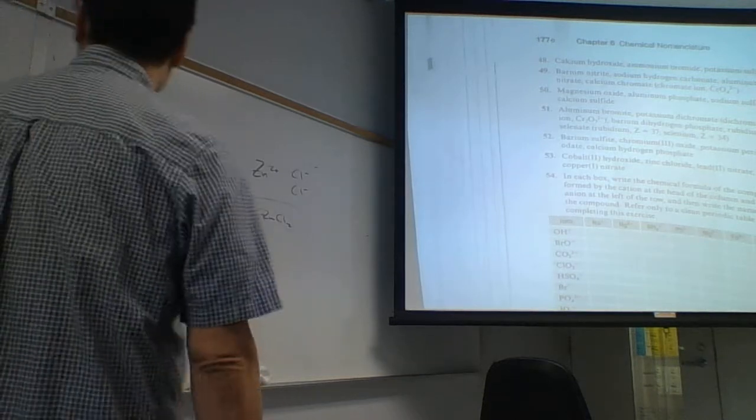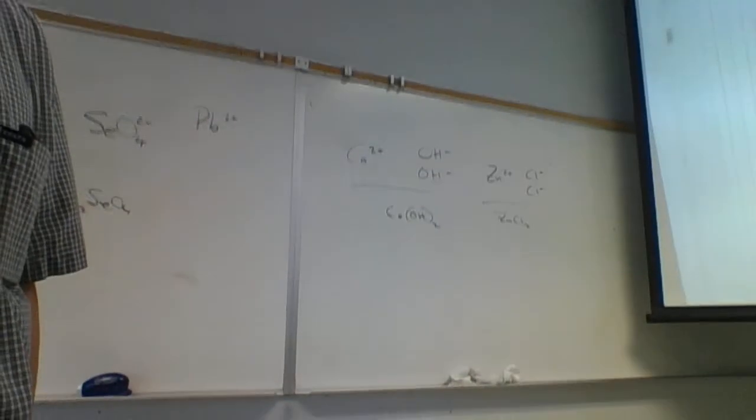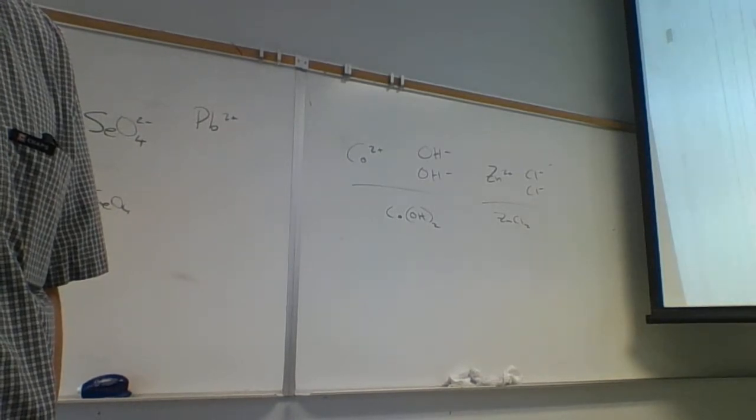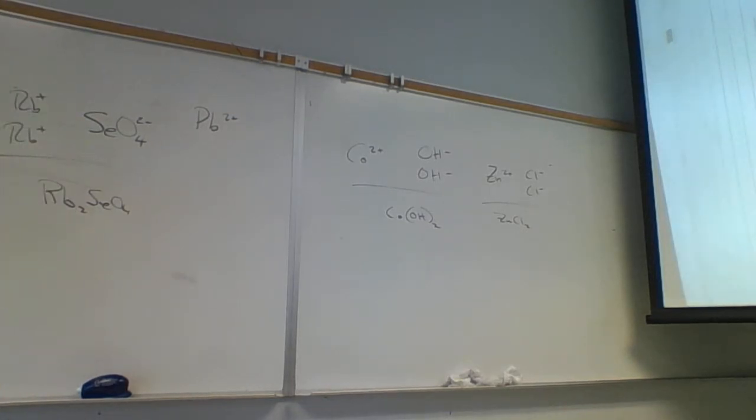Lead is a variable charge. It can be lead 2 plus. What's the other charge on lead? What group is lead in? 14. The other charge on lead is 4, so it's lead 2, 4. What's the charge on tin? 2, 4.